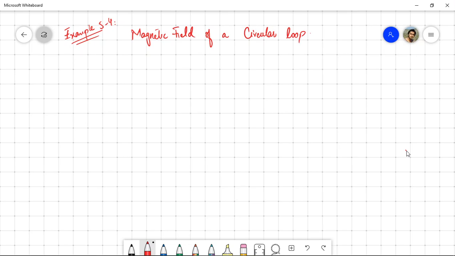What's happening here is that we have a closed circular loop which carries a steady amount of current I in it, and we need to calculate the value of magnetic field intensity H at a point which is above that circular loop, above the pivot point of that circular loop.